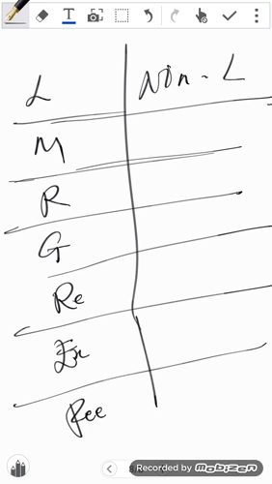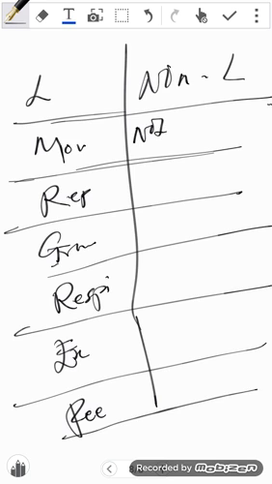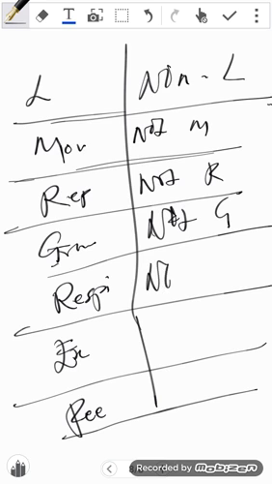So a living organism is simply an organism that can move, that can reproduce, that can grow, that can respire, that can excrete, and finally that can feed. But a non-living organism is simply an organism that cannot move, that cannot reproduce, that cannot grow, that cannot respire, that cannot excrete, that cannot feed.